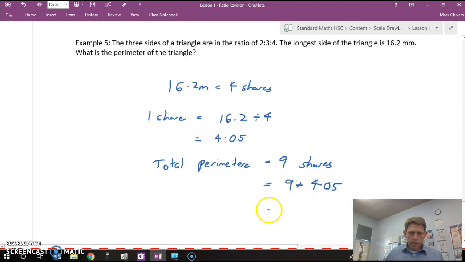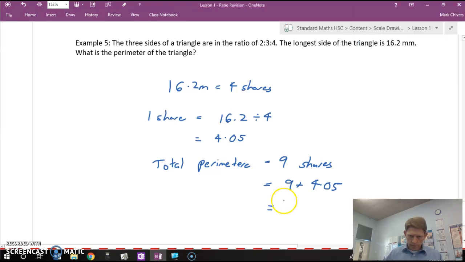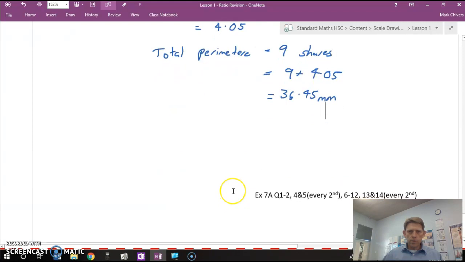And then if we plug that into our calculator, 9 times by 4.05, well, that equals 36.45. Now we've been given a distance, so we'll need to give the units for that, and that's going to be millimeters for the perimeter.